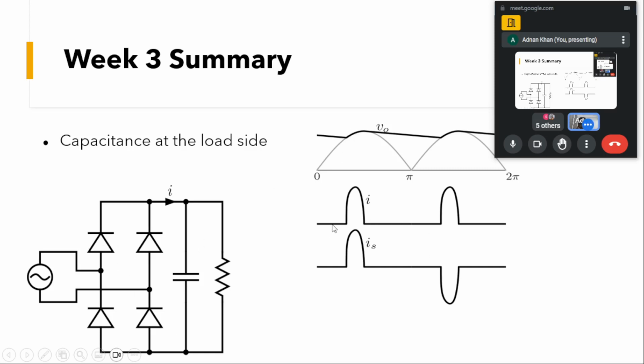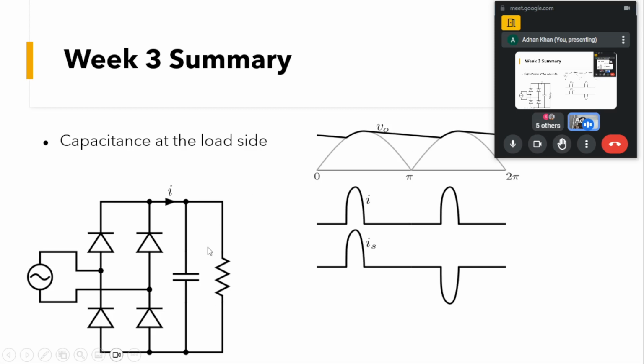As you can see, the current I will start flowing. And as soon as the voltage tries to decrease, these diodes will be reverse biased, and in the later part the capacitor will try to discharge through this resistor.